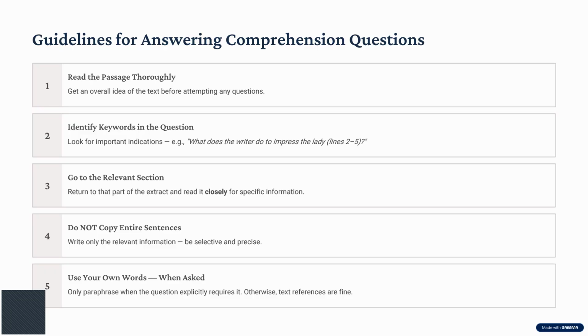And many a times I have crossed those answers with a very heavy heart. So, my dear students, all you have to do is to just identify the relevant information in a given space and then just write that relevant information down. Do not copy the entire sentences and do not write in your own words until you are asked. This will save you a lot of time.